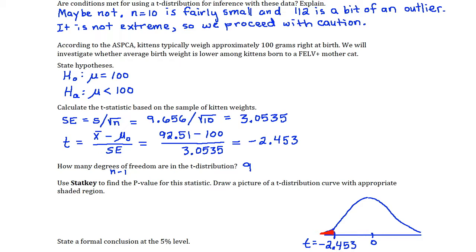So remember to look at your alternative hypothesis to determine what tail it is you're doing or whether it's both tails. We need left tail only because this is a less than. This is not a two-tailed alternative hypothesis.